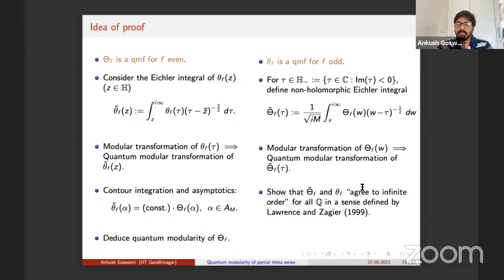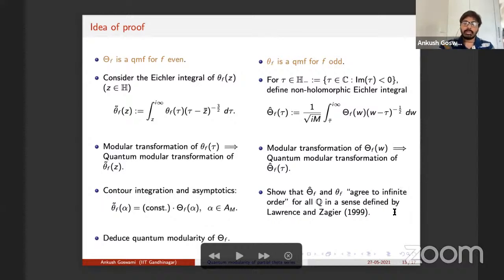So that is what is meant by agreeing to infinite order for all q. And this should hold true for all rational numbers alpha. This is the sense defined by Lawrence and Zagier in 1999.